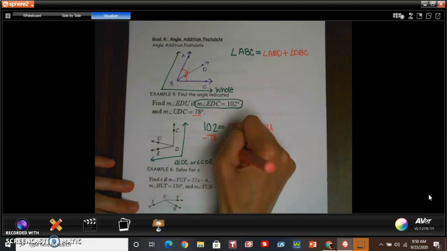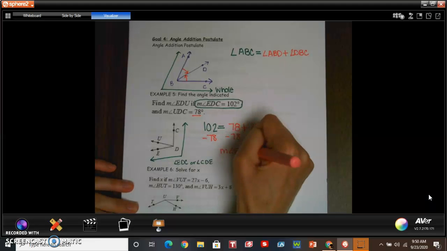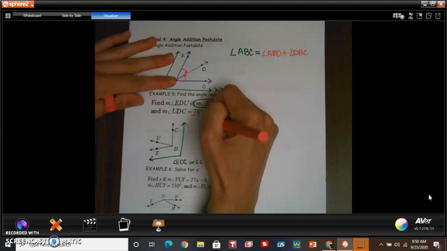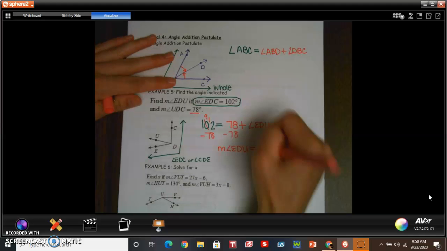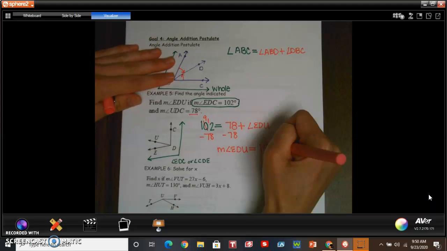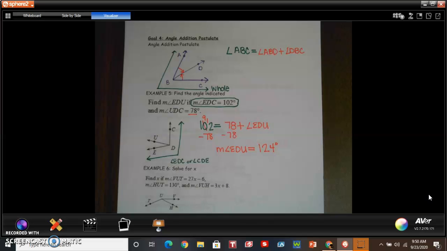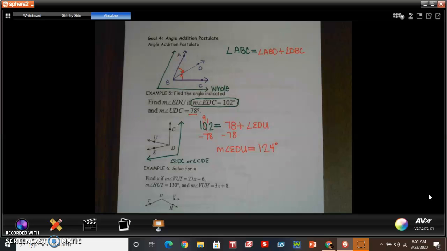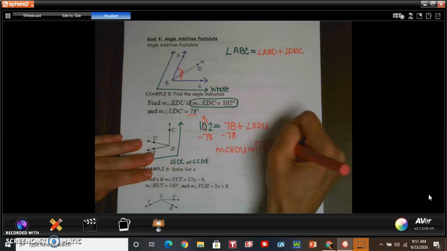And we get that the measure of angle EDU is equal to 124 degrees. I think so. You might want to check my math on that. Okay, so here's your final answer, 124.